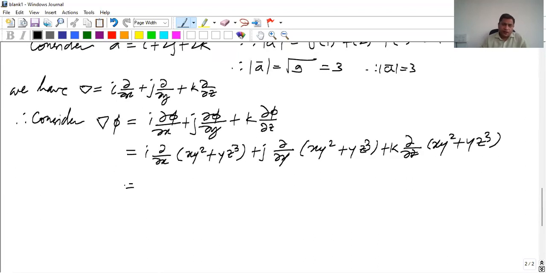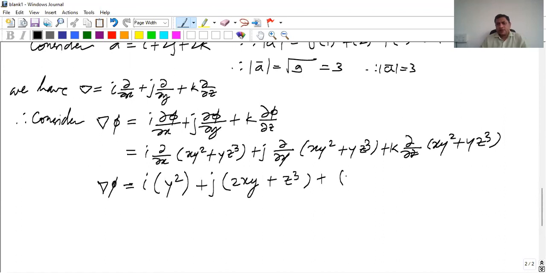Now let us simplify this. Here we are finding the derivative with respect to x, so other terms will be treated as a constant. So this will be i y square, plus j, where we are finding the derivative with respect to y, so you will have 2xy plus z cube, plus k, where we find the derivative with respect to z, so it will be 3z square y.